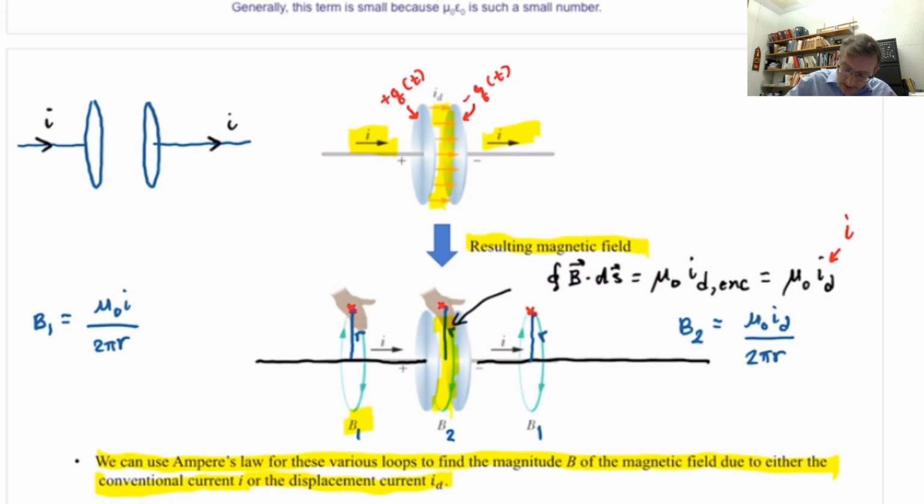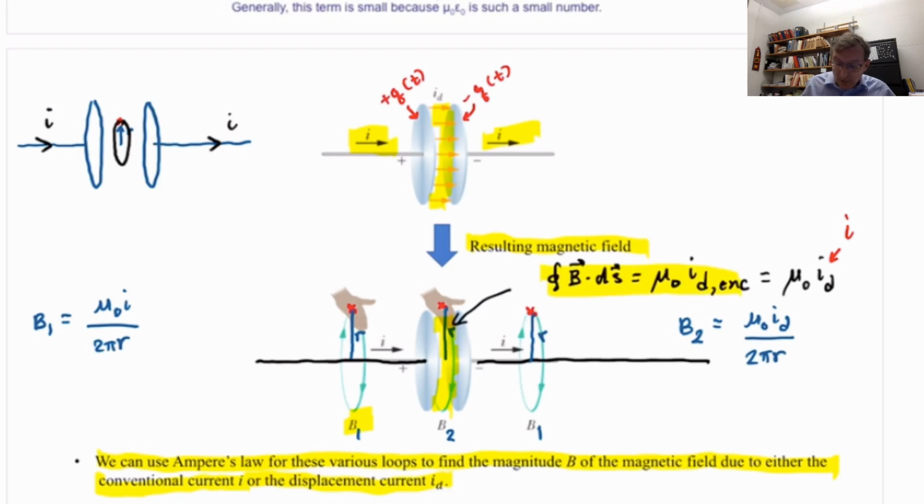What if I pick a point in the region between the plates, but only part way out? So now this distance r is less than the radius of the plates. I can still apply the modified Ampere law to a loop and integrate around and use this result right here.